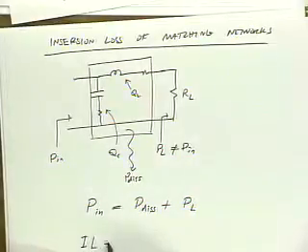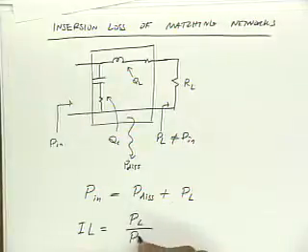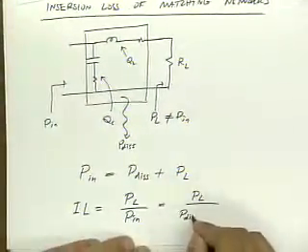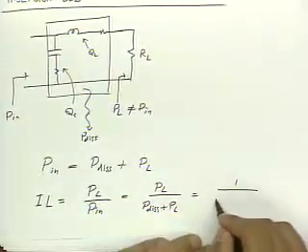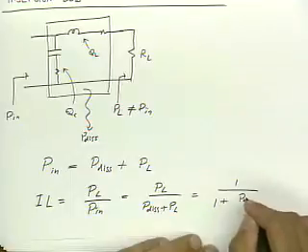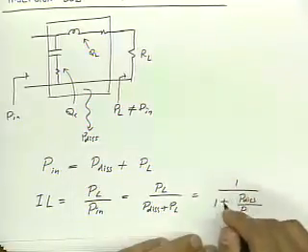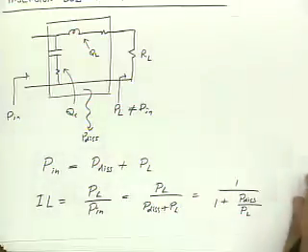So if we look at the insertion loss, that's the power that goes to the load divided by the power going in. And so I just substitute here and derive a very obvious expression that it's basically proportional to 1 over 1 plus power dissipated divided by the power of the load. Okay? Very obvious expression.